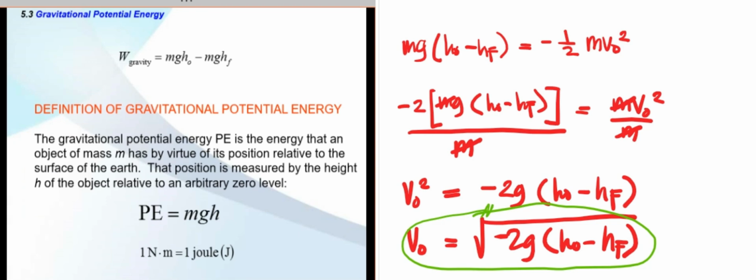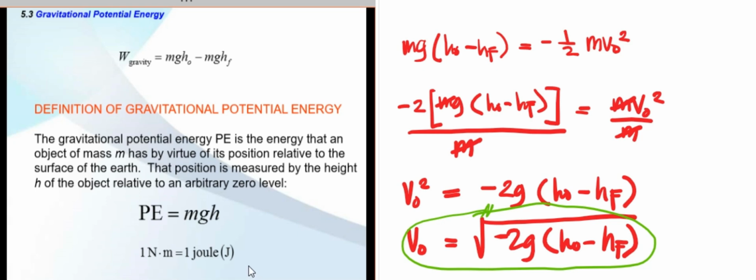Now again, by definition, the gravitational potential energy or potential energy is the energy that an object of mass m has by virtue of its position relative to the surface of the earth.